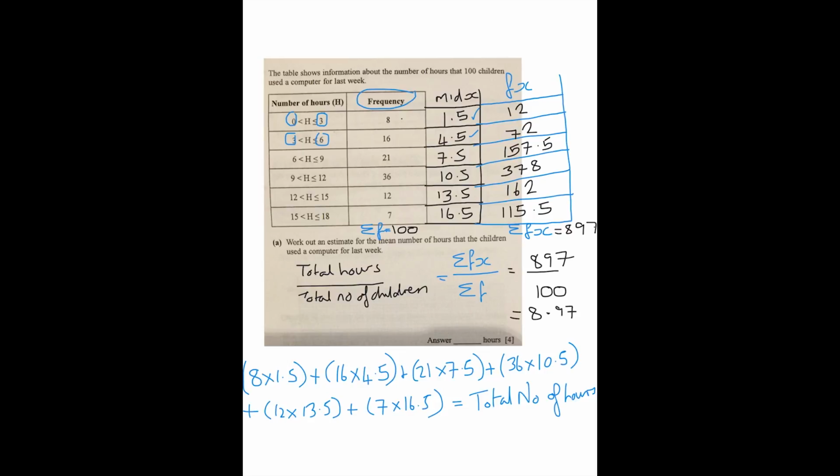The sum of fx was 897, the sum of f was 100, so the mean number of hours, which is sometimes written as x bar, is 8.97 hours.